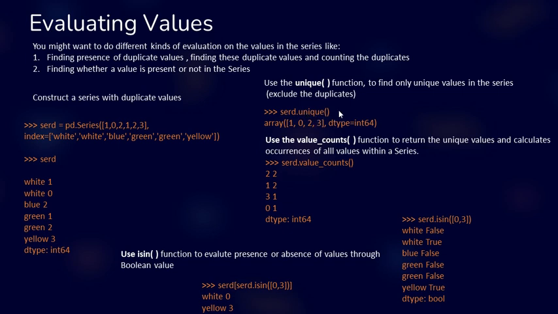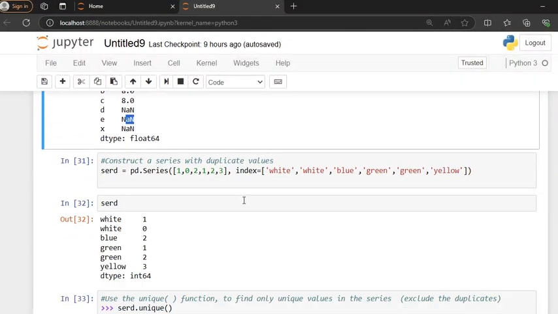If I use the unique function upon this series, it will find only the unique values in the series. So it's going to give the result of only the unique values. I can also use a function called value_counts, where it will return the unique values as well as a count of all the values within a series. So let's see this on the Jupyter notebook.